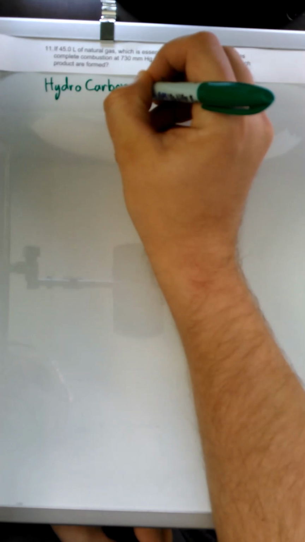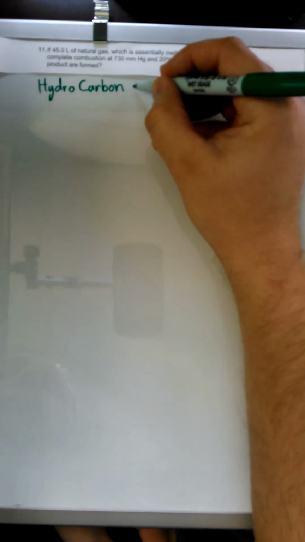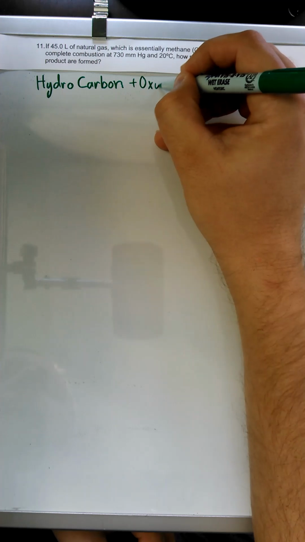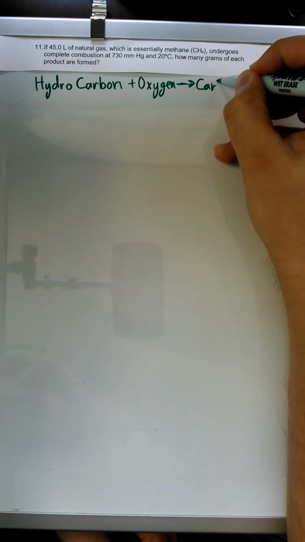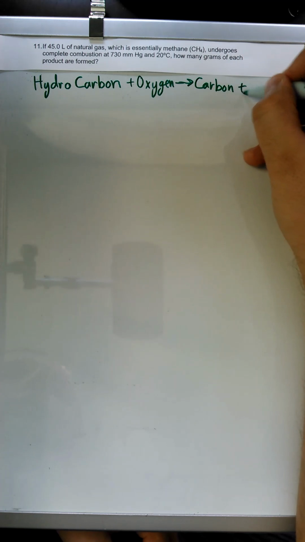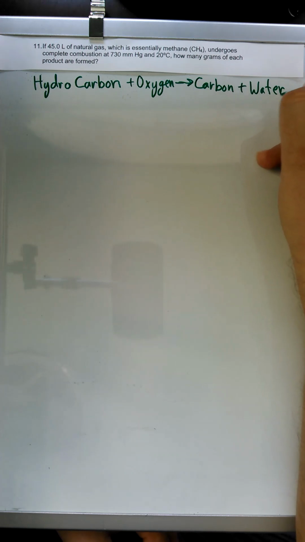All right, so this problem is going to require us to first write out the skeleton equation and then balance it, writing out the balanced chemical equation. The general formula for combustion, which we have to know, is always a hydrocarbon, made of hydrogen and carbon, plus oxygen gas, yielding carbon dioxide and water, and of course energy, which we don't count.